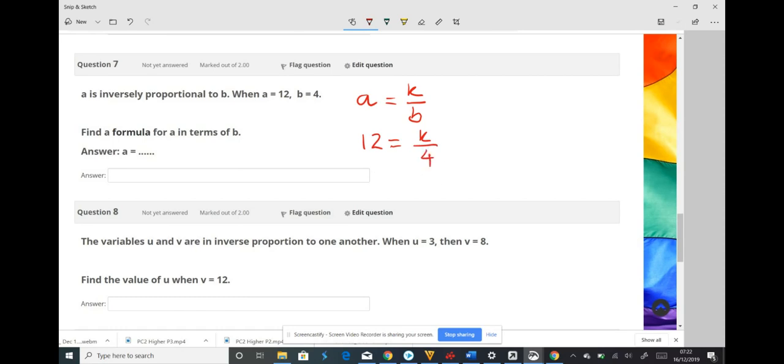Find a formula for A in terms of B. So in terms of K first, K is equal to 12 times 4, which is 48. So I can write A is equal to 48 over B.